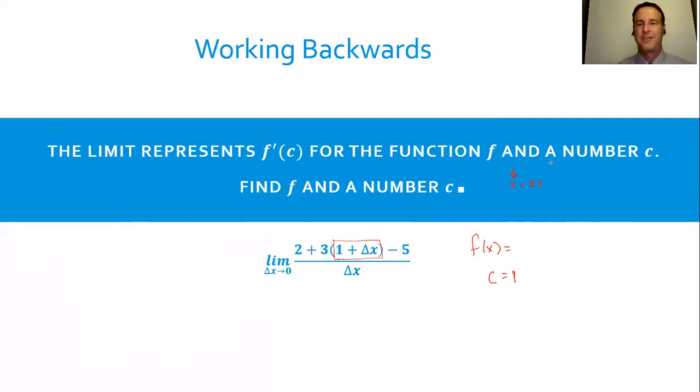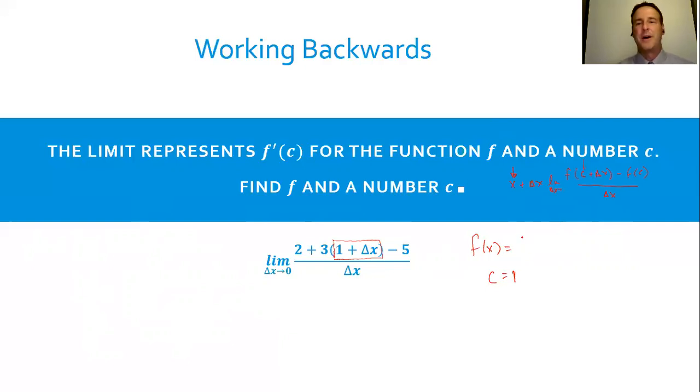And if you can imagine, remember what this is. This is f of the c or the x that you had, plus your delta x, minus f of c, over delta x. And again, this is the limit out front. So you found this, which is the c, which is 1.